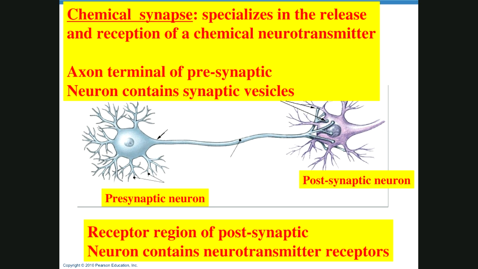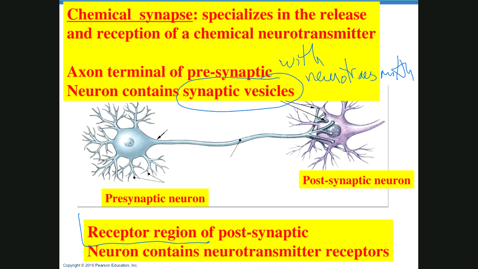The axon terminal of the presynaptic neuron contains the synaptic vesicles with the neurotransmitter, which will be released into the synaptic space. And the receptors for the neurotransmitter are going to be found in the postsynaptic neuron, which is the one that is receiving the neurotransmitter.